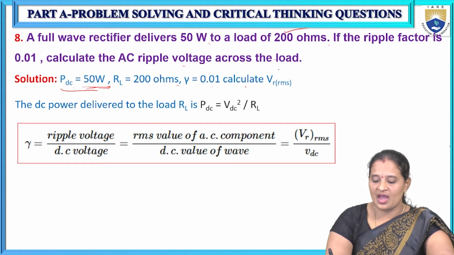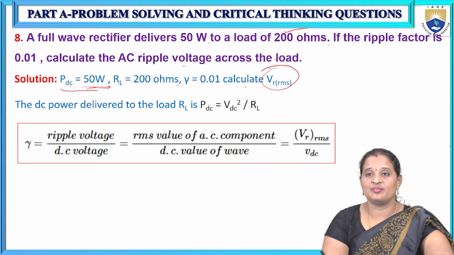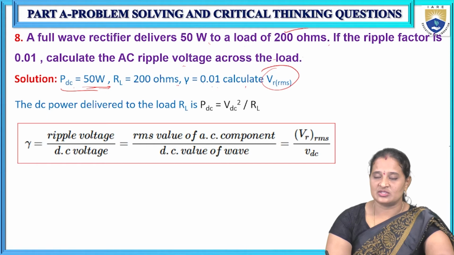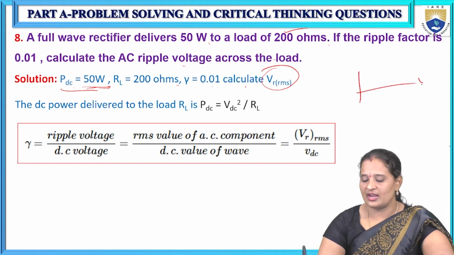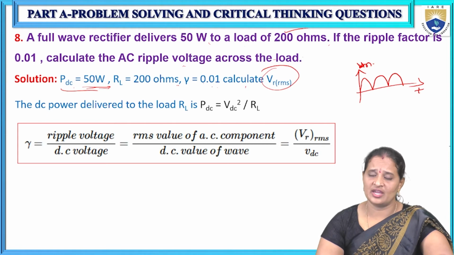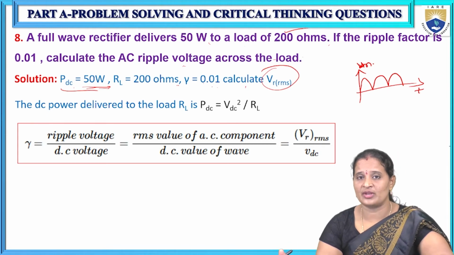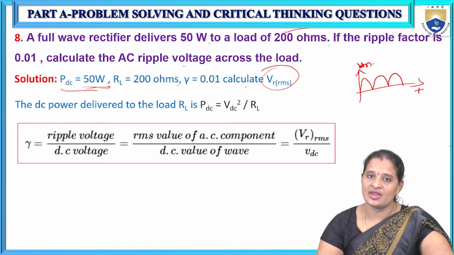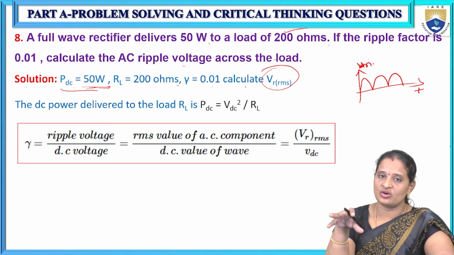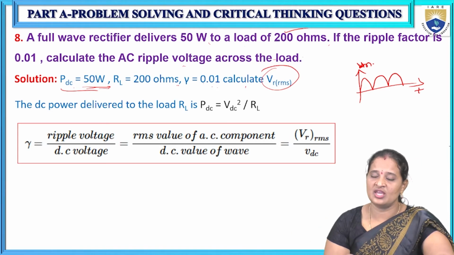Now calculate VrRMS, that is the AC ripple voltage across the load resistor. As we all know, in a rectifier, whether it is a full wave or half wave rectifier, the output consists of AC plus DC. AC components are always represented as RMS values. So we are asked to find the amount of AC components present in the output.